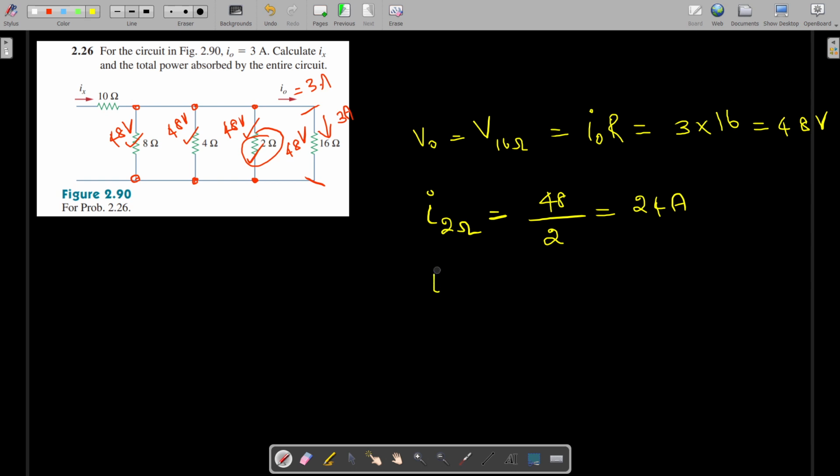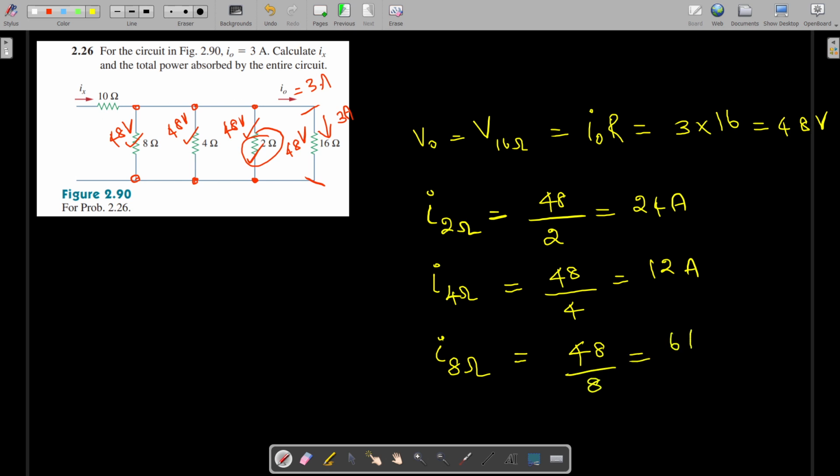Similarly, the current flowing through this 4 ohm resistance is 48 divided by 4, that means 12 amps. Likewise, the current flowing through this 8 ohm resistance is 48 divided by 8, so it is 6 amps. So we got all the currents through these resistances except this Ix, right?